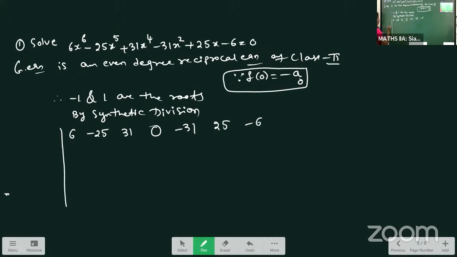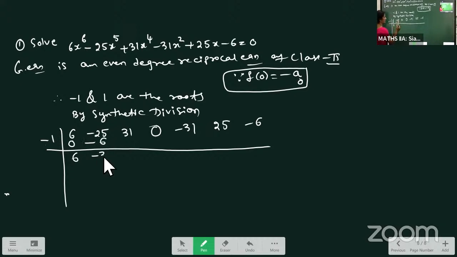We know one root. First, we'll take any of the roots. We'll take one root as minus 1. Take the first position 0. 6 plus 0, 6. Multiply minus 1 into 6, minus 6. Add them, minus 25 minus 6, minus 31. Multiply, minus 1 into minus 31 is 31. 31 plus 31 is 62.